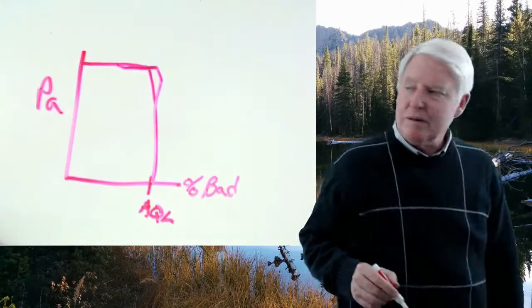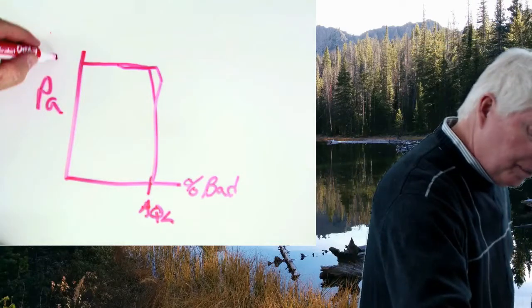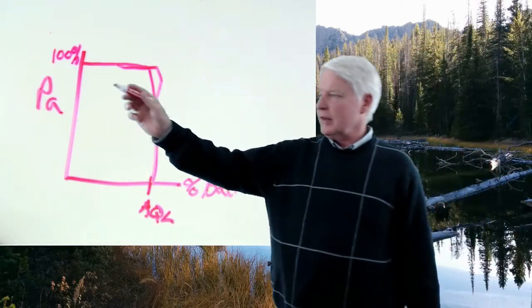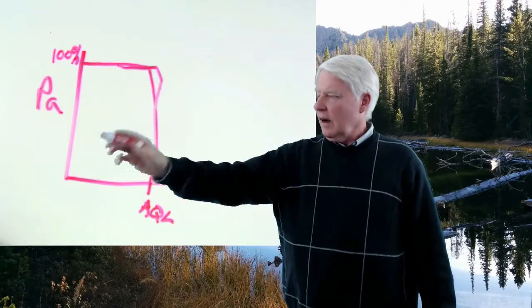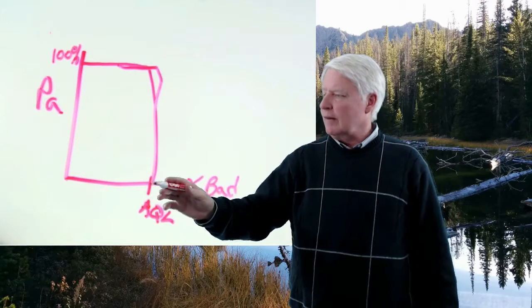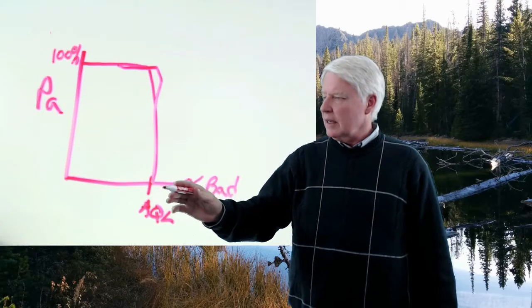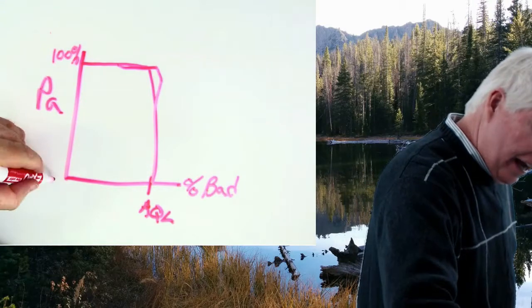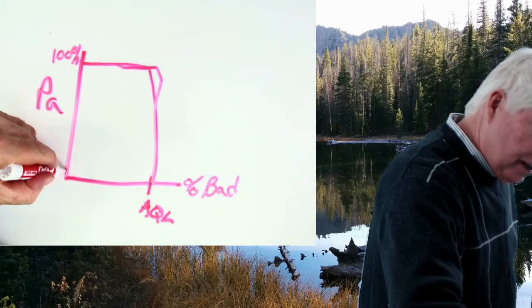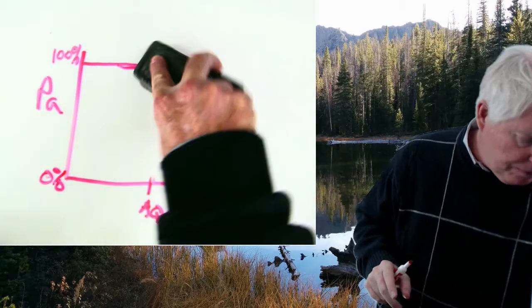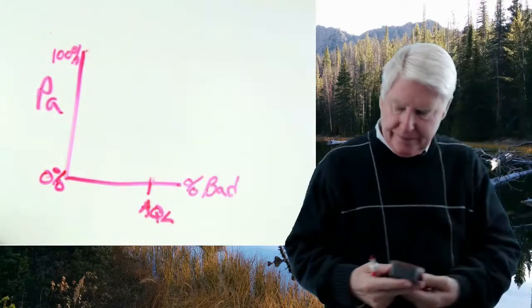This is 100%, which means your probability of acceptance is 100% all the way along here until you get to your acceptable quality level. After that, you don't want to accept it. The risk goes to 0%. That's exactly what you'd like, isn't it? But it's not the way reality is. That is not the shape of an AQL curve.